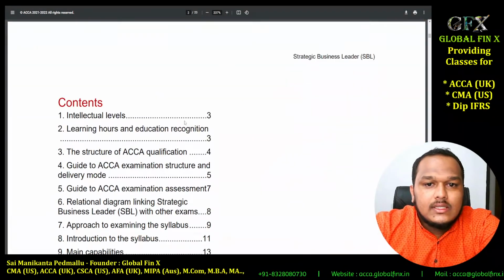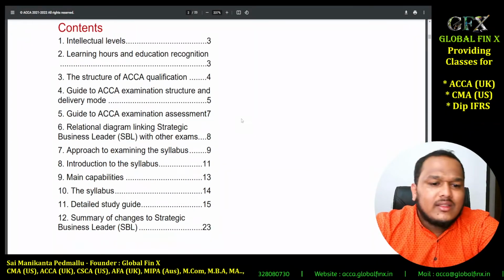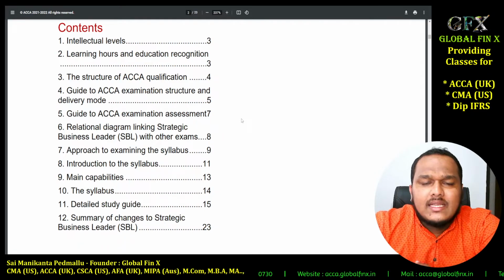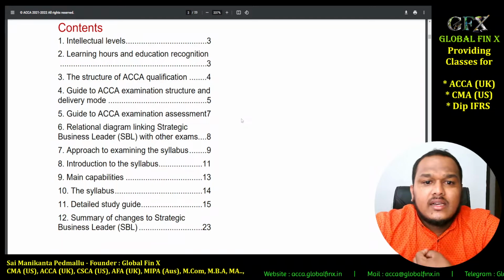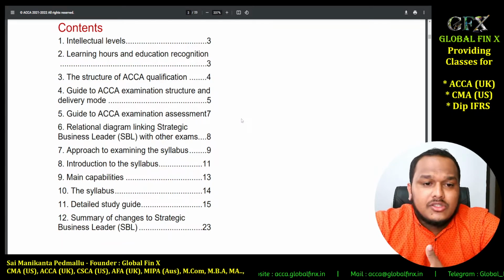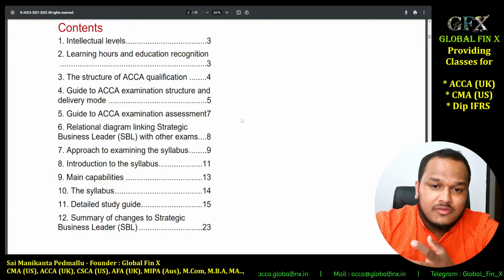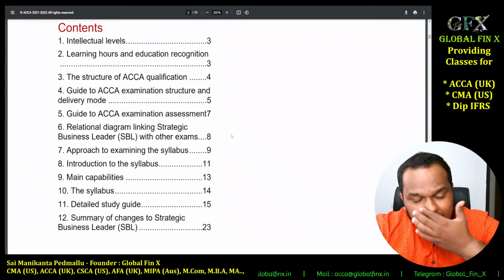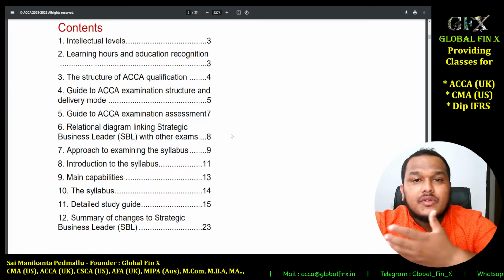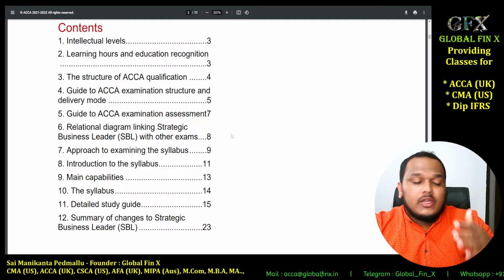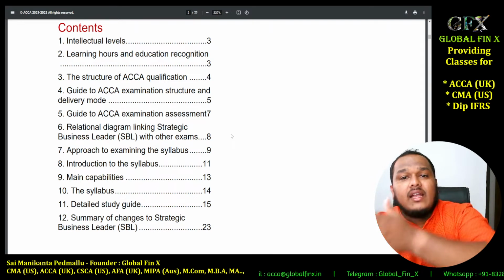You can see this is a 23-page document where they talk about everything related to the SBL exam. Basically, what is the intellectual level that is needed, how many learning hours are required, what are the educational recognitions for this, what is the structure of the entire ACCA qualification, how you clear them, and how each paper interacts with the other papers of your syllabus. For example, F1, F2, F5 and APM.